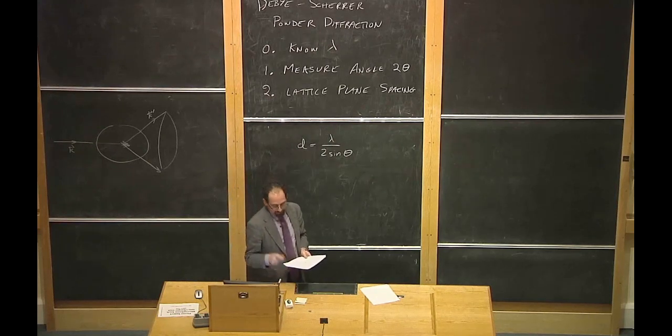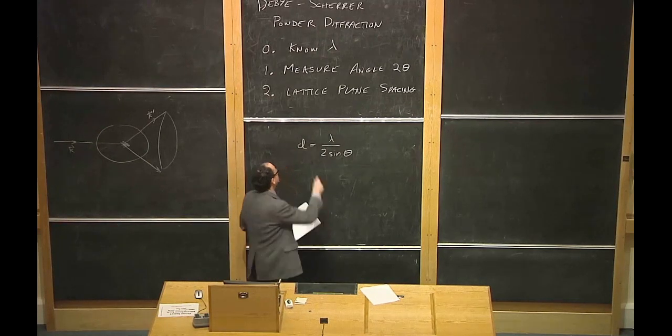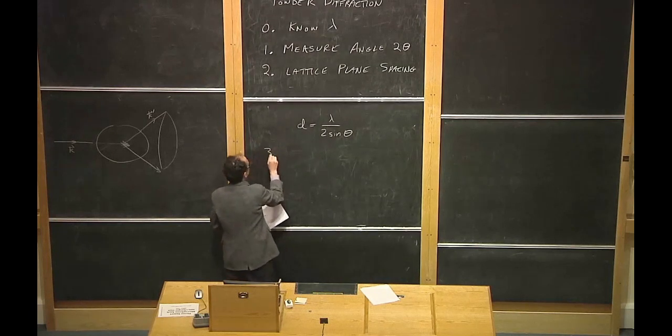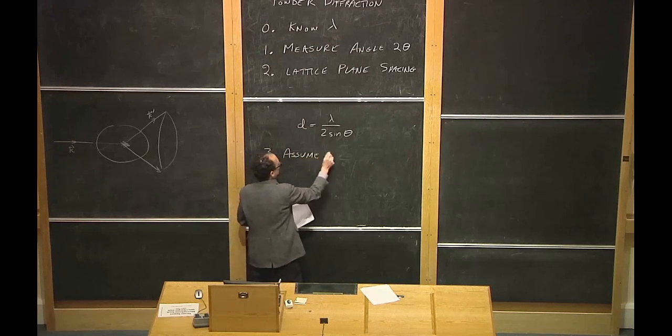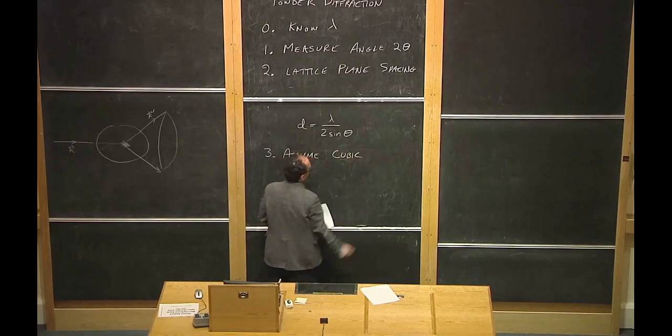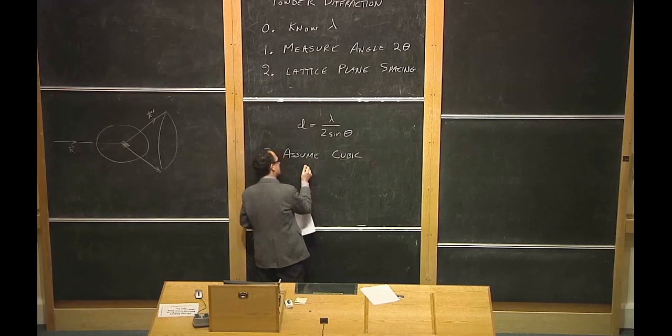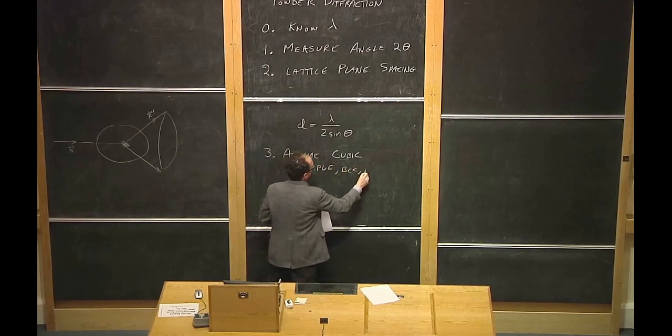Okay? All right. So step 3, so this is for us. This is sort of not in the real world. We can assume cubic of some sort. Assume cubic. It's actually not a bad assumption in the real world, too, meaning simple cubic, simple BCC, or FCC.